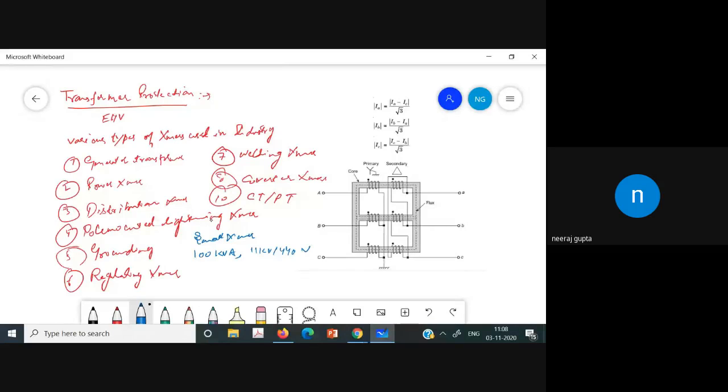So this is a small transformer. For this small transformer, overcurrent protection in the form of fuses can be used. Since a fuse provides overcurrent protection, it can be used in that very case.